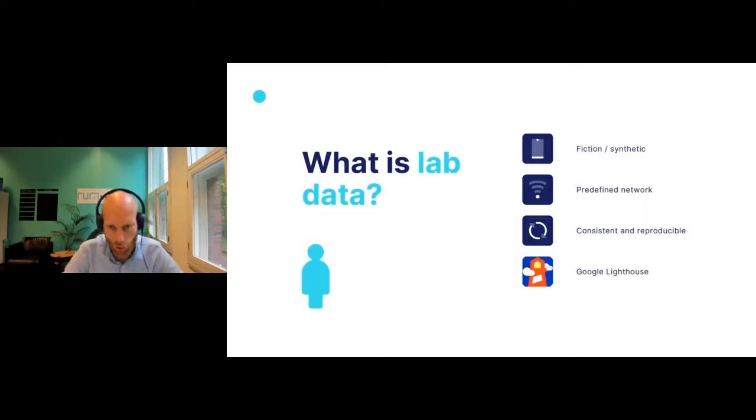With lab data, you don't get to test all possible differences, all possible conditions. In the end, I often like to say that no user is the same, and especially their conditions aren't the same. For example, the type of devices they are using, the type of internet speed, maybe the battery level. Some phones tend to throttle the CPU when the battery is low. Those are only three, maybe four examples, but there are way more reasons why my experience might not be the same as the experience of my parents.